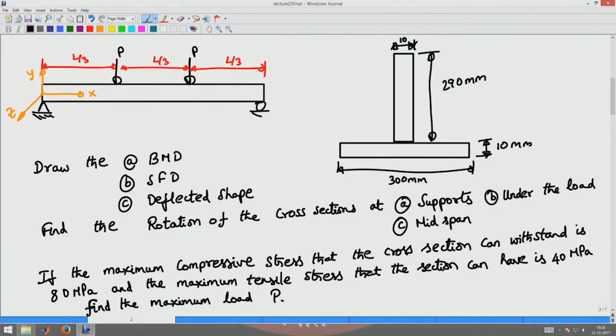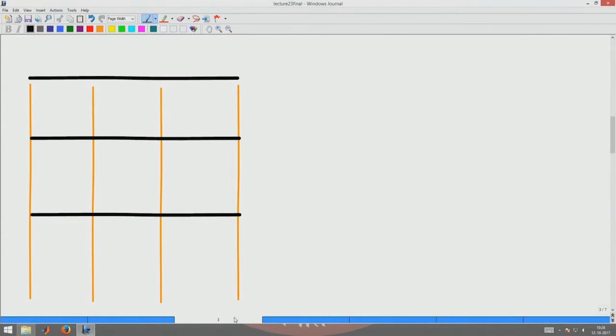So, let us go ahead and first find the variation of the shear force.